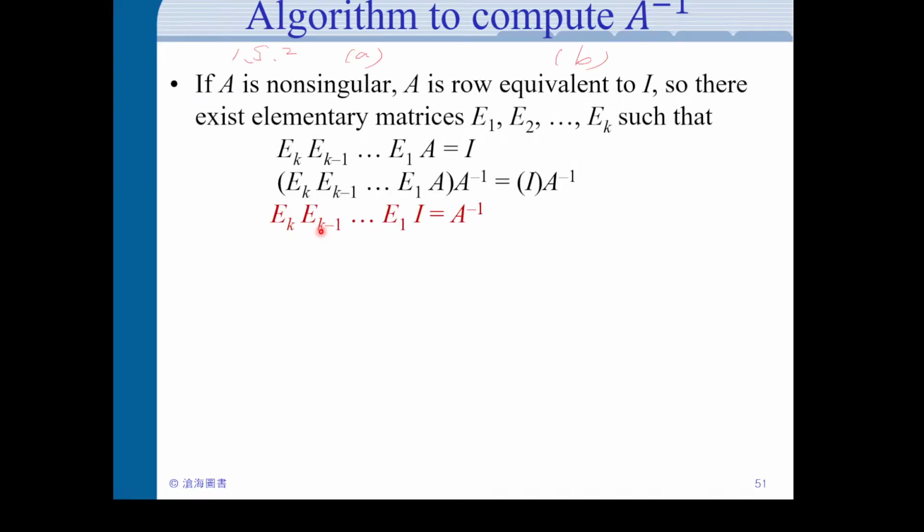This is because on the left hand side we apply these operations, and on the right hand side we also apply them. On the left hand side we turn A into the identity, and on the right hand side we turn the identity into A minus 1.